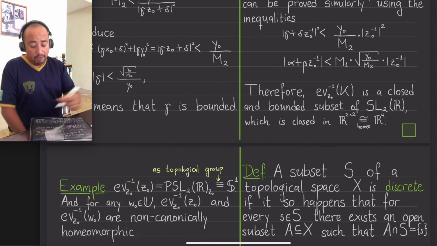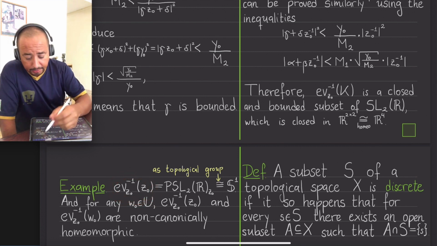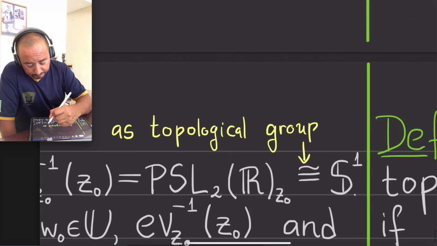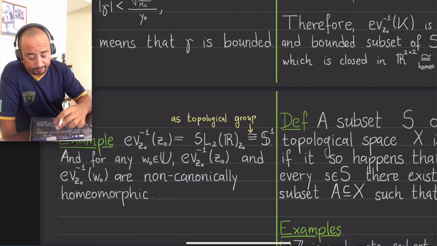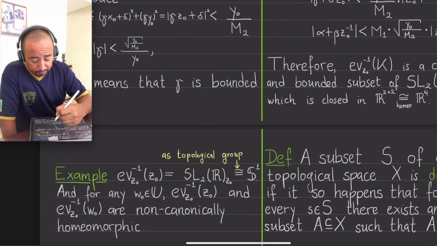Right? But you see, this one is the matrices whose associated Mobius transformation fixes z naught.